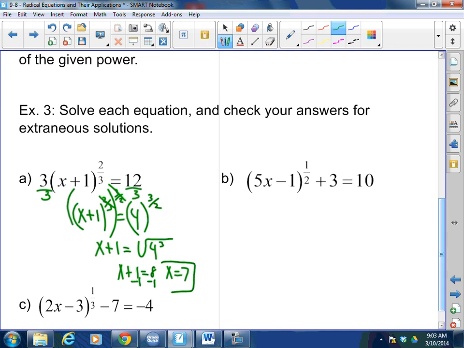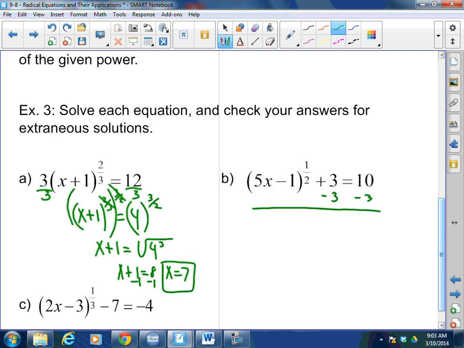X equals 7. This is the easier way to go. If they give you a rational exponent, this is much easier. But it is up to you. Your choice.